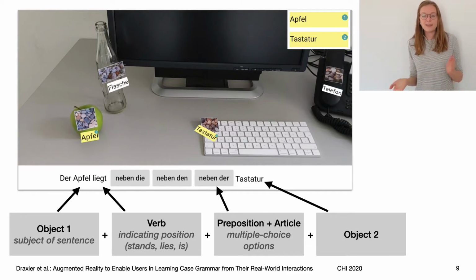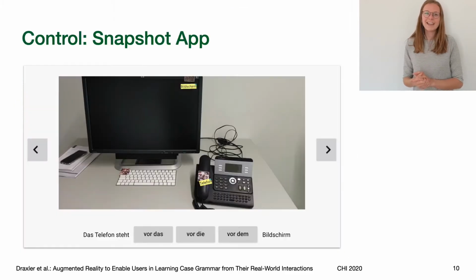Now the question is, does this really help? Is it good for learning? Is it more useful than traditional methods like flashcard applications? That is why we introduced the control of a snapshot application. This basically showed the same images as in the AR application, but they were created statically.